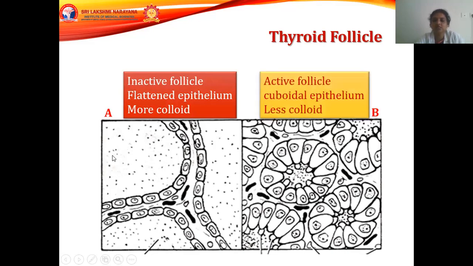Whereas follicle B is called the active follicle, and they have cuboidal epithelium and less colloid. So when the cells are more active, they tend to be cuboidal, and they secrete more and more of the hormones. Whereas in the inactive follicles, the cells are flattened epithelium which remain silent.